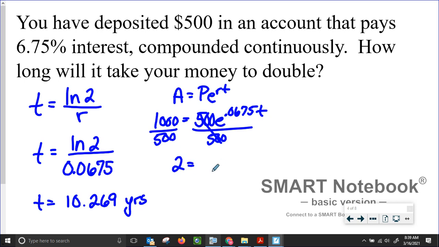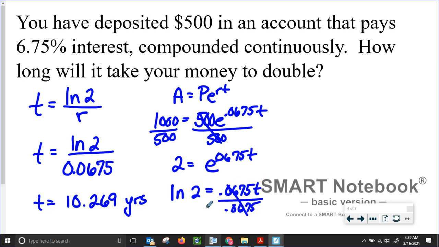So you get 2 is equal to E to the 0.0675 t. All right. You could use your definition of logarithm to rewrite this exponentially, and you would get ln of 2 is equal to 0.0675 t, and then you would divide by 0.0675.